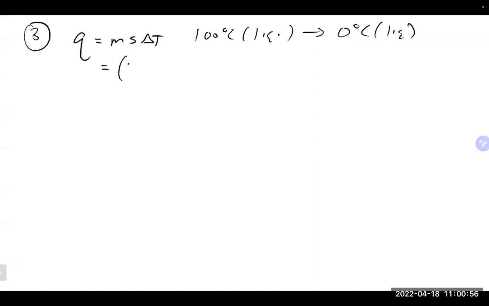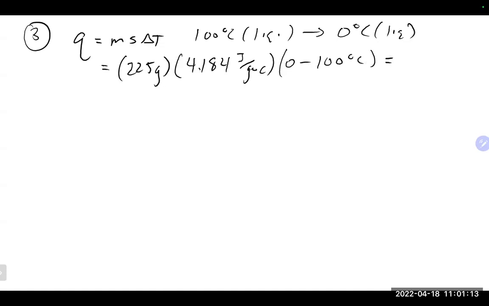In this case, our final temperature is 0 and our initial temperature is 100 degrees Celsius, and that is where our negative is going to come from.